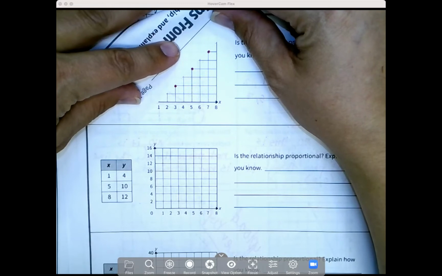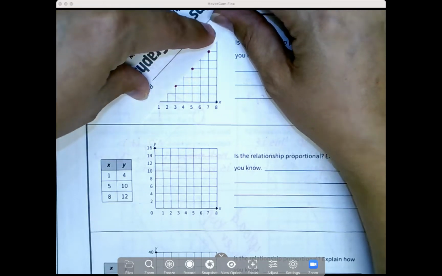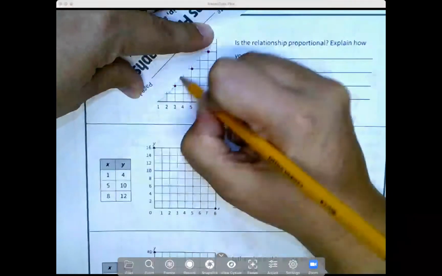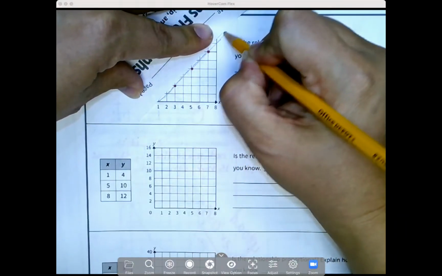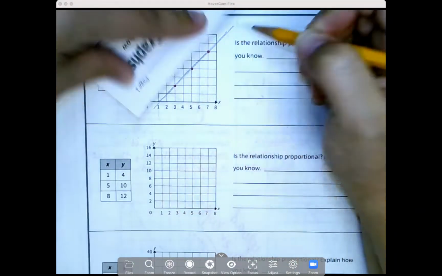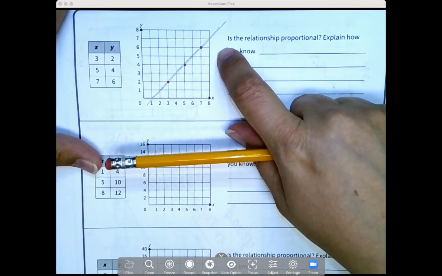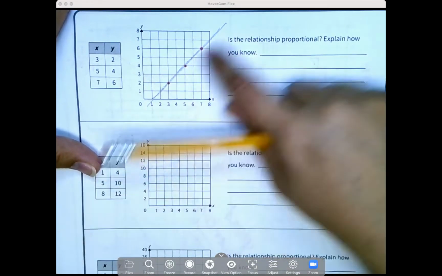So they'd pull their paper over and then think about playing connect the dots to the best of your ability. So when I connect these 3 values, did I make a straight line? Oh yeah, pretty straight.